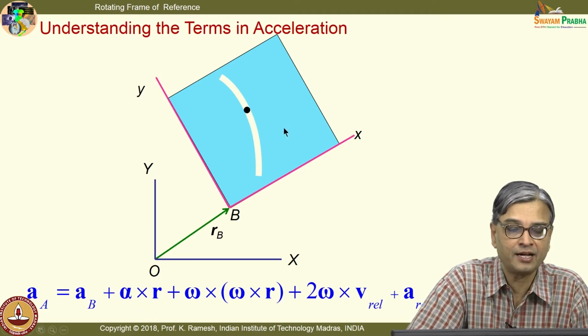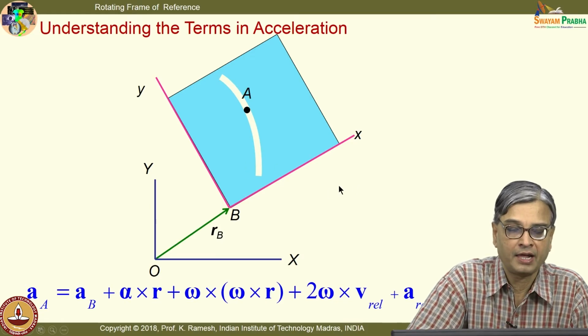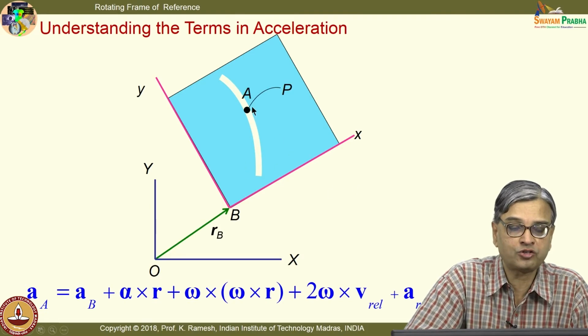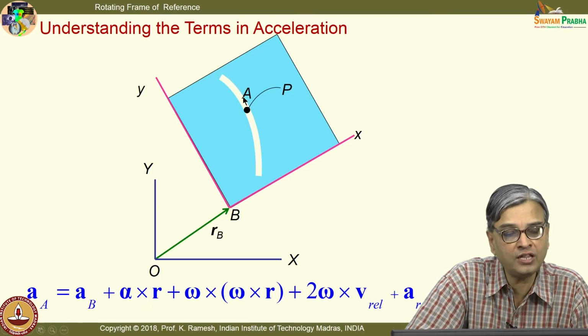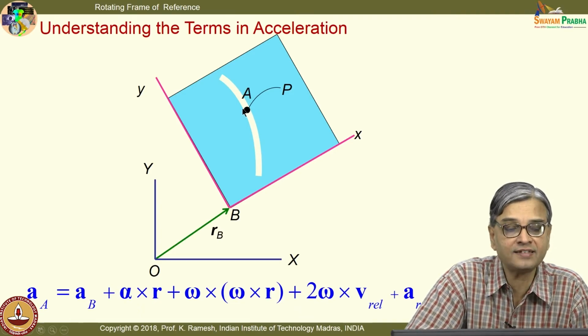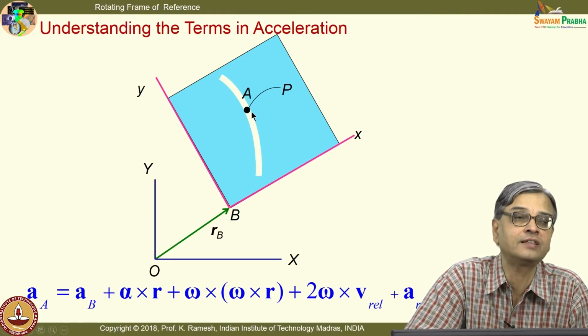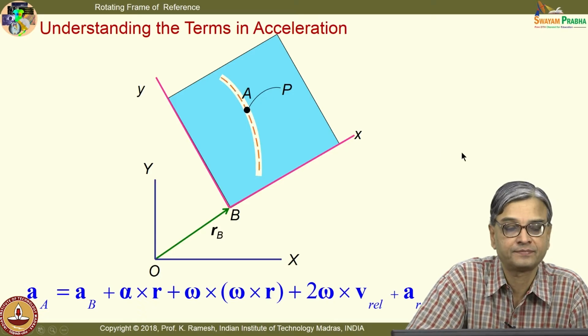So, I have a particle A which is moving in that slot, and I also consider a coincident point. It is a fictitious point which is there on the slot at this instant of time, coincident with point A. The path is depicted as follows.